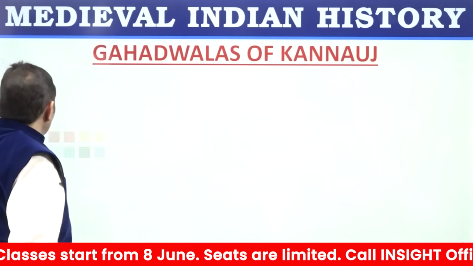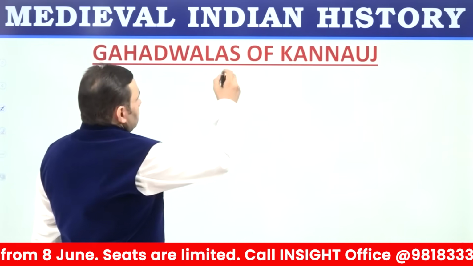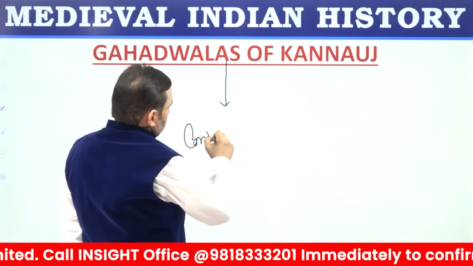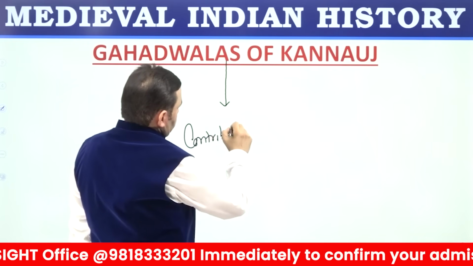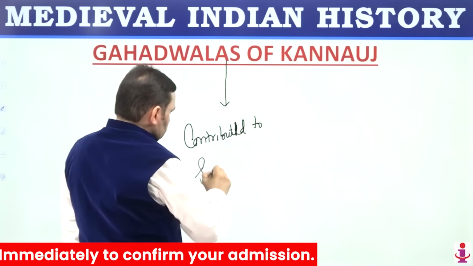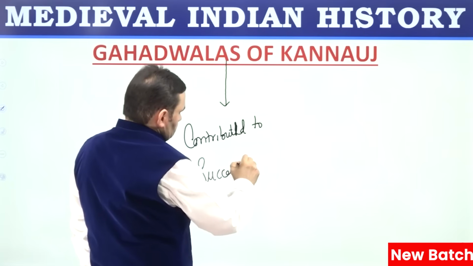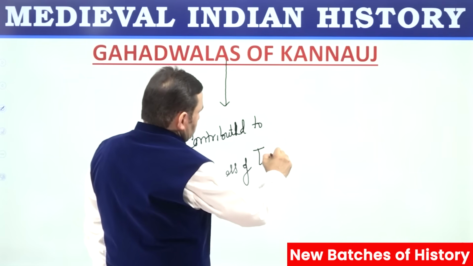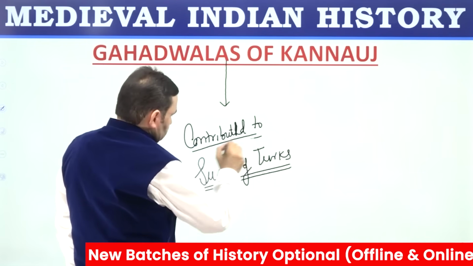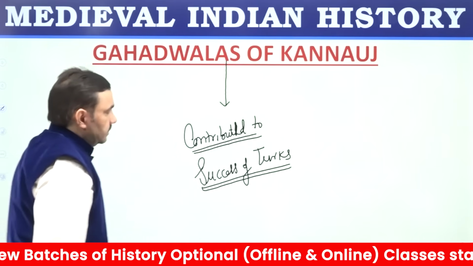So the Gahadwalas of Kannauj were very powerful, but they contributed to the success of Turkish invaders, or to the defeat of Prithviraj Chauhan, or you can say Indians, against Turks.